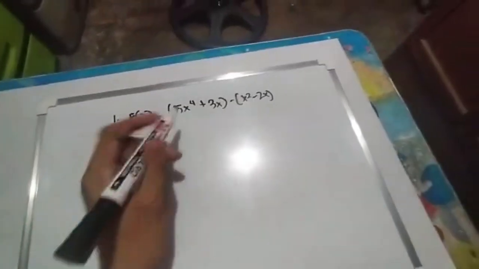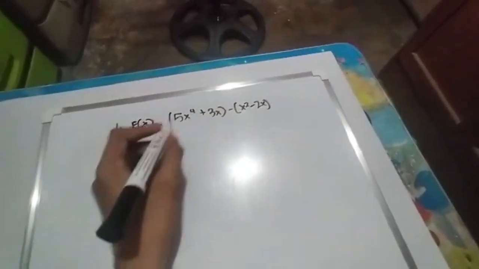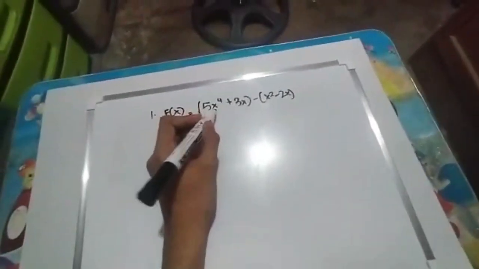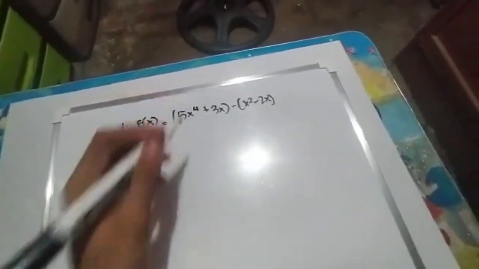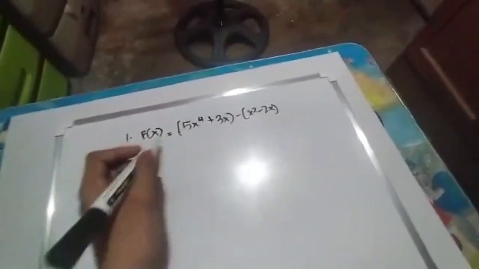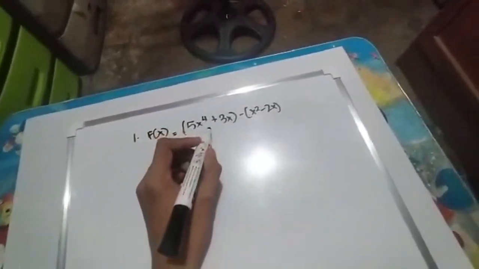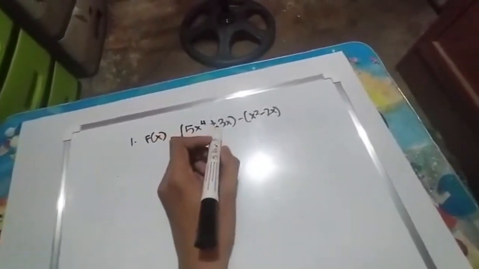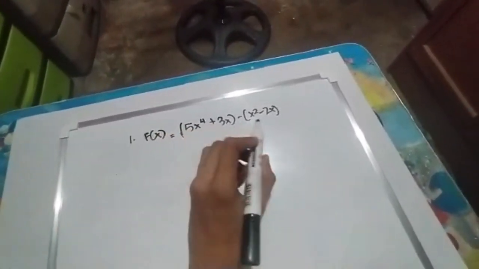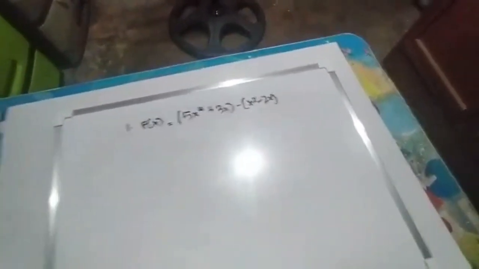So the first problem is f of x is equal to 5x raised to the 4th power plus 3x minus x squared minus 2x.